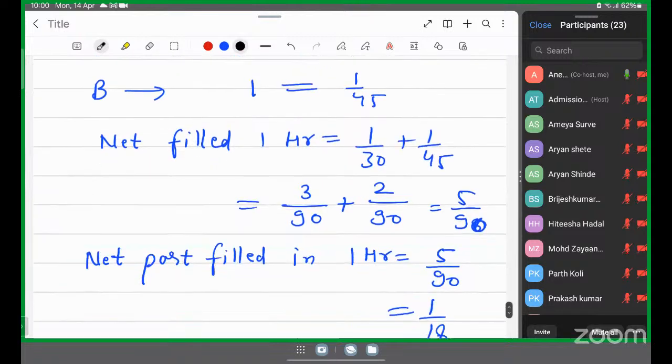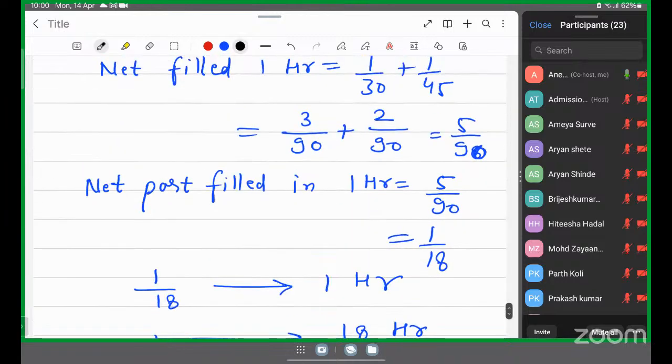So to make the denominator same, I have multiplied 3 in 1 by 30 and 2 in 1 by 45. So this will be 3 by 90 plus 2 by 90, which will be 5 by 90.